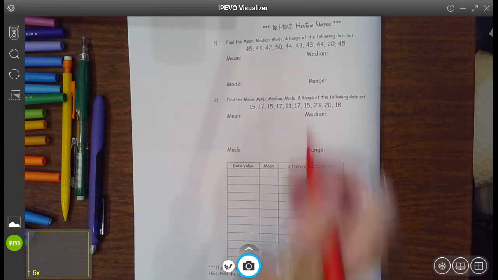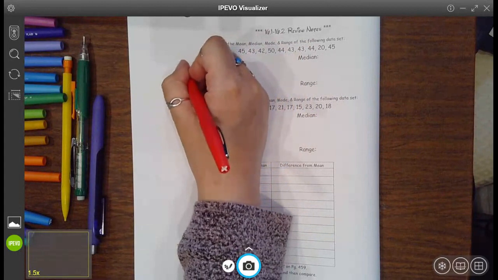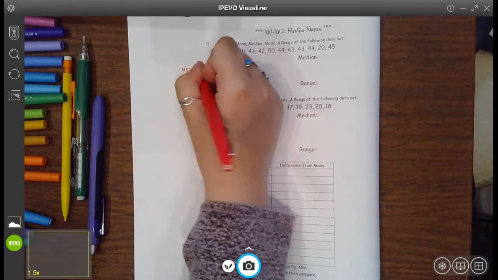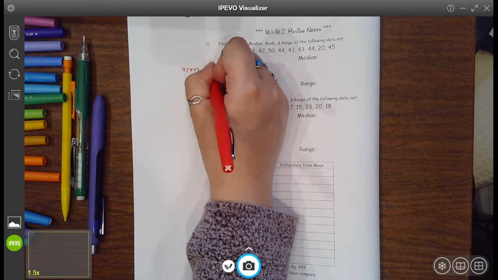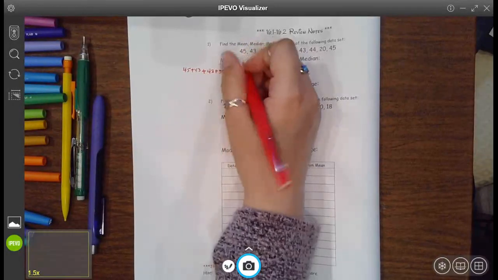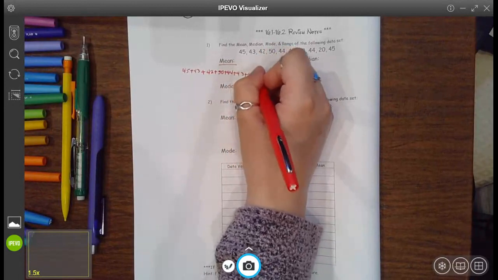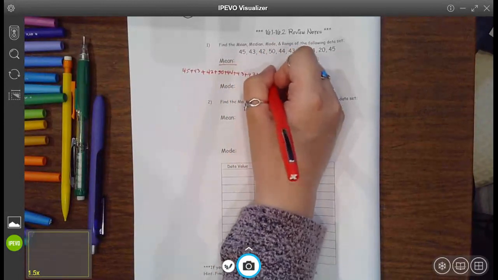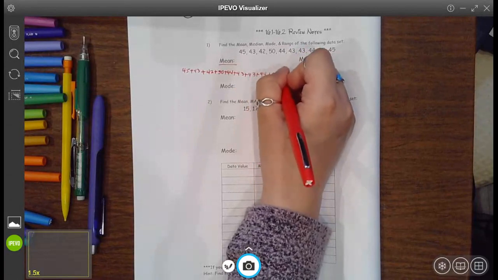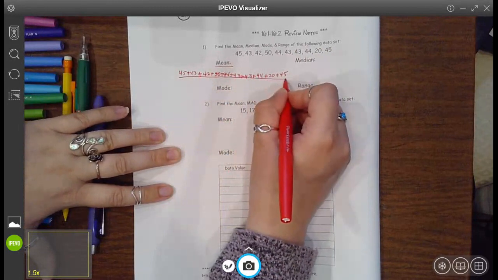So the mean. First, let's add them all together. You have 45 plus 43 plus 42 plus 50 plus 44 plus 43 plus that 43 plus 44 plus 20 plus 45 divided by how many numbers there are.